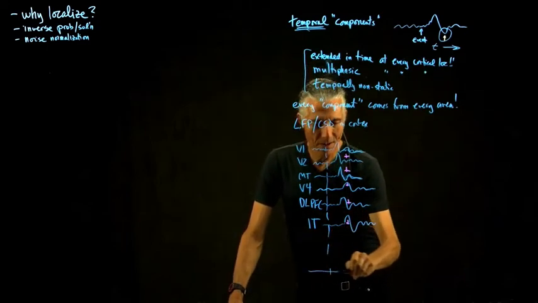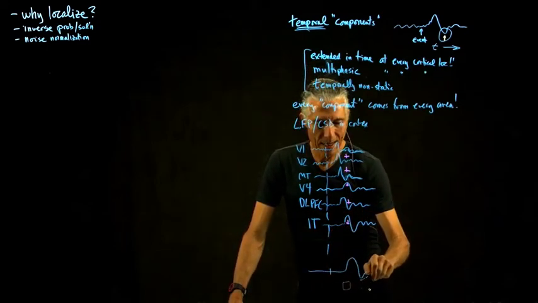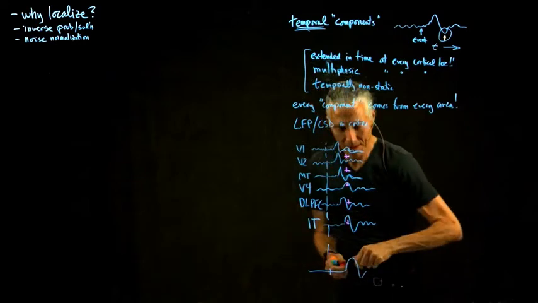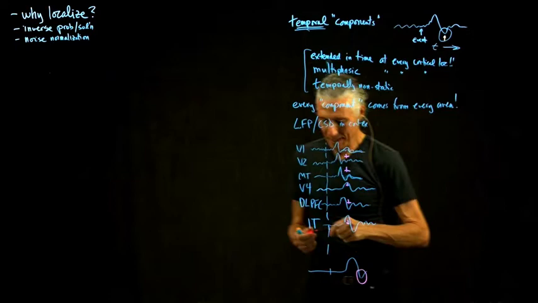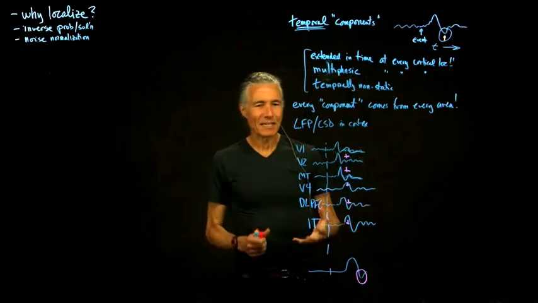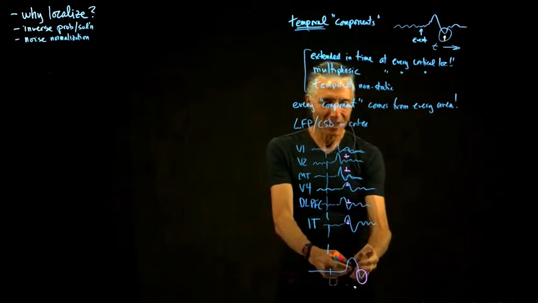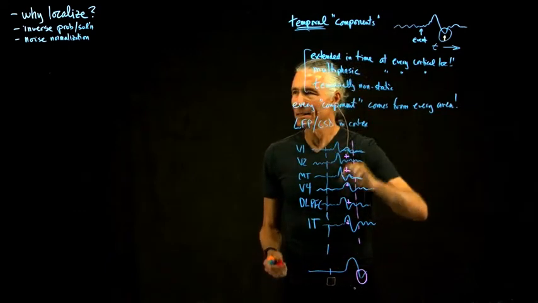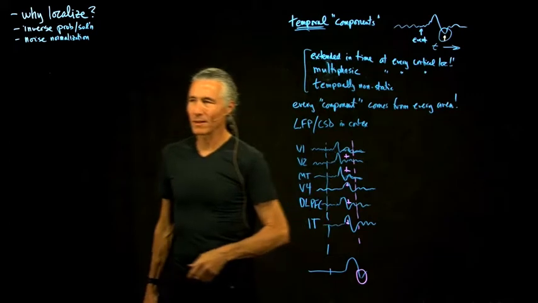So you get an evoked potential, but any given piece of it, trying to pick out this thing as a component is kind of, what is it? It's just some sum across all of these guys, across every cortical area, basically.